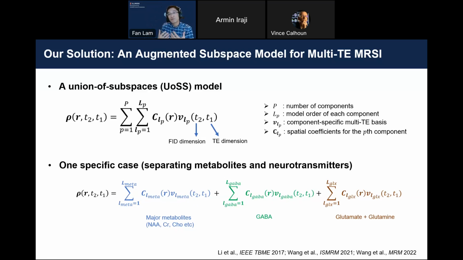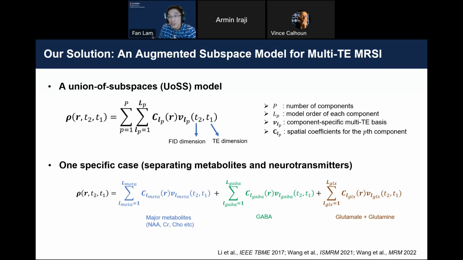This not only significantly reduces the degrees of freedom for the imaging problem, but also provides a way to better separate them by exploiting their unique subspace structure due to their molecular properties and the acquisition design that we have. So one of the key questions here is that to make this work, you need a way to actually learn these subspaces, instead of jointly learning them from the high resolution, very noisy data.